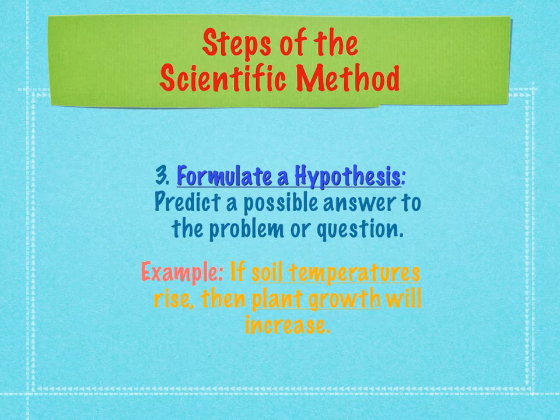So let's say I come up with a problem. My problem is that I'm trying to bake a cake and I've run out of sugar. So I'm asking myself, I really, really want to have a cake, but I don't have anything to sweeten the cake batter with. Is it possible that I could use some other form of a sweetener? So possibly I pick maple syrup.